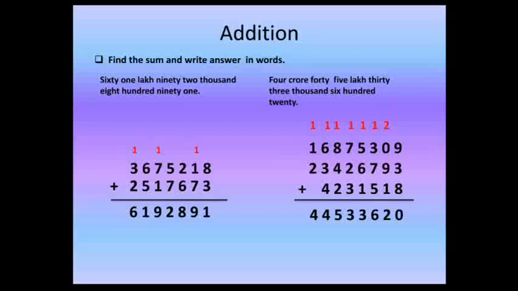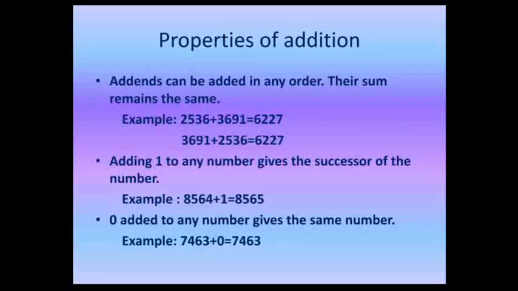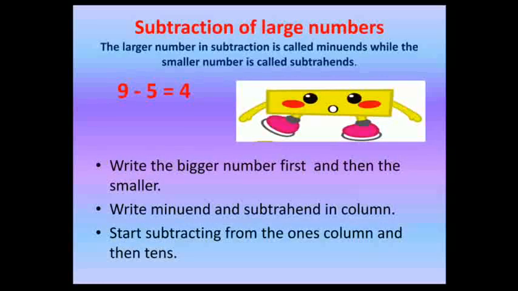Okay, it's time to understand the next operation, that is subtraction. The larger number in subtraction is called the minuend, while the smaller number is called the subtrahend. Let's take this example. 9 minus 5 is equal to 4.